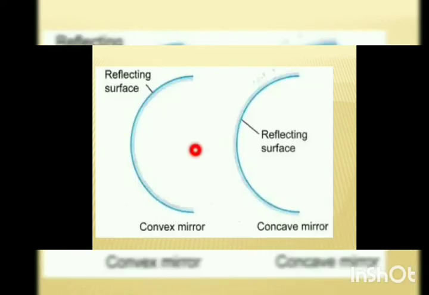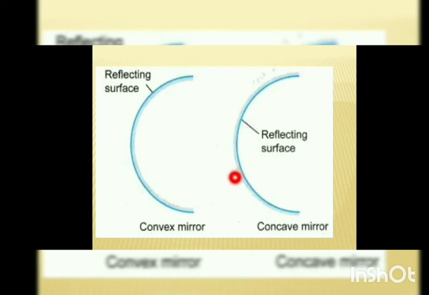Here again you can see the same convex and concave mirrors. In the convex mirror, the reflecting surface is bulged outwards, but in the concave mirror, the reflecting surface is curved inwards.